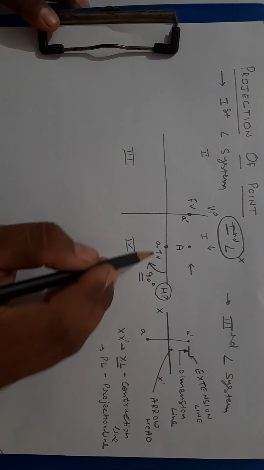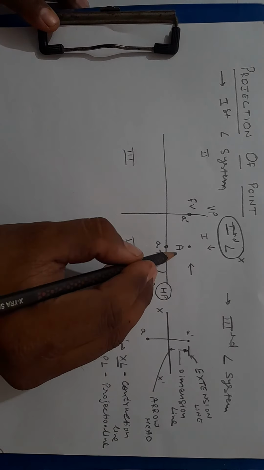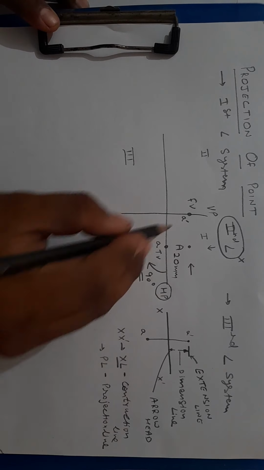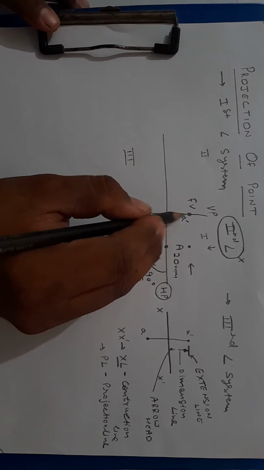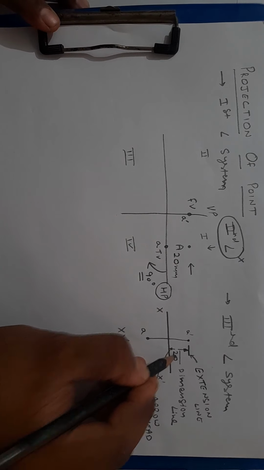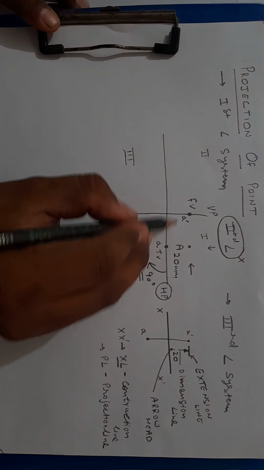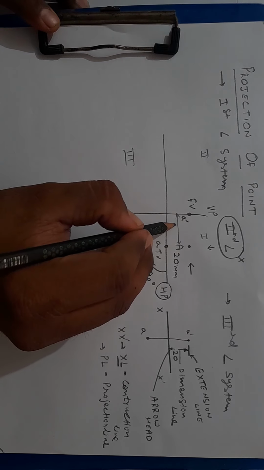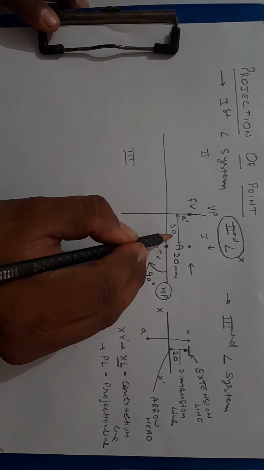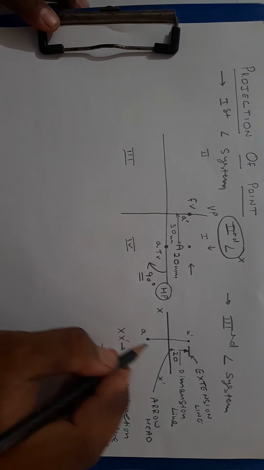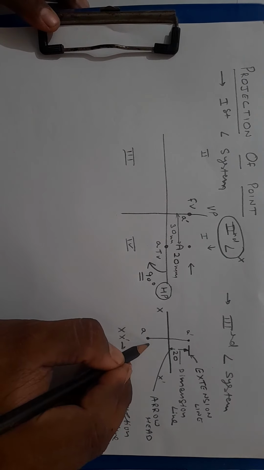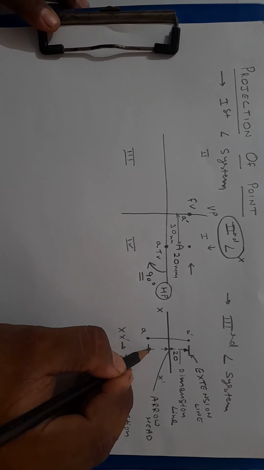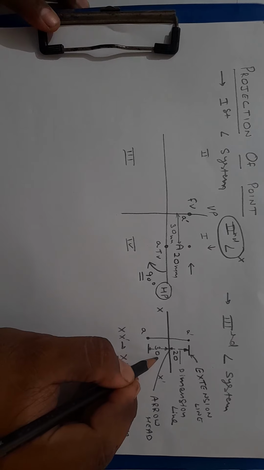Here, if the distance from the horizontal plane is 20 mm, then the front view will have this distance as 20 mm. If point A is at a distance of 30 mm from the vertical plane, then this distance will be 30 mm.